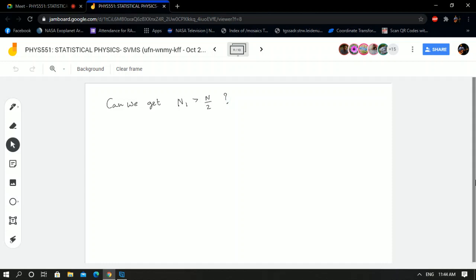This question is equivalent to asking, can we get the probability of epsilon greater than 1 by 2?